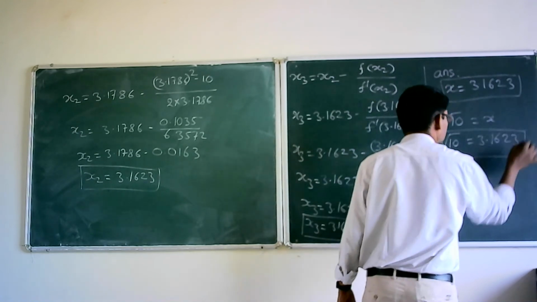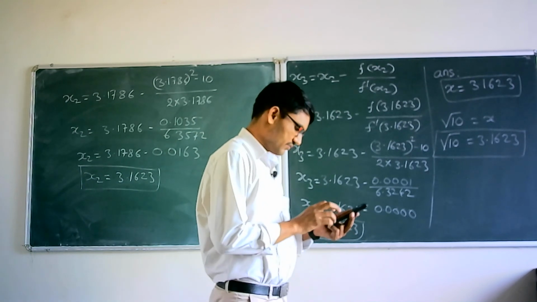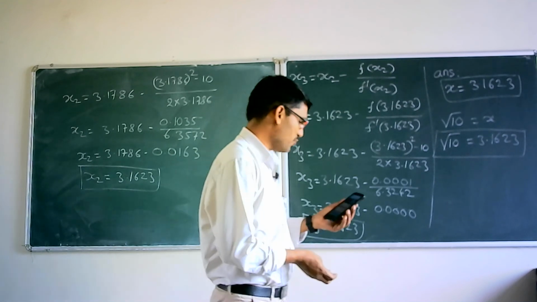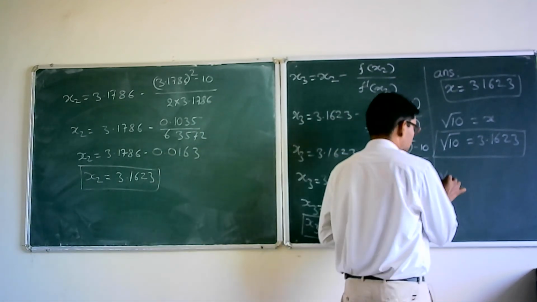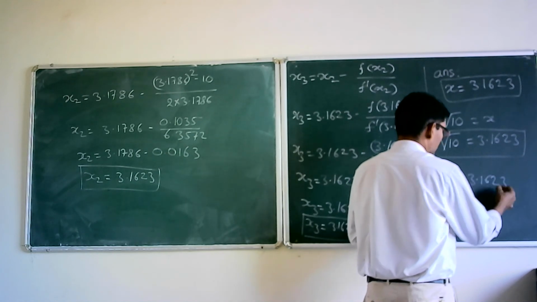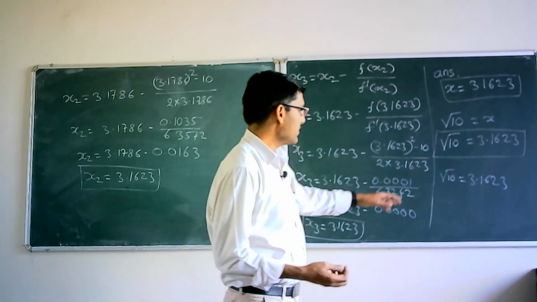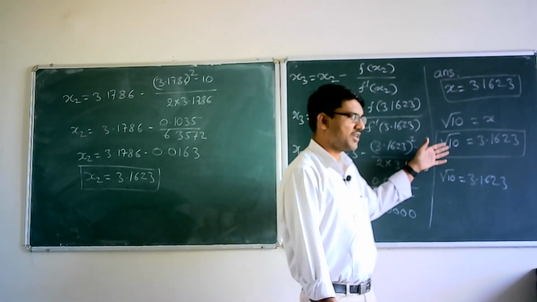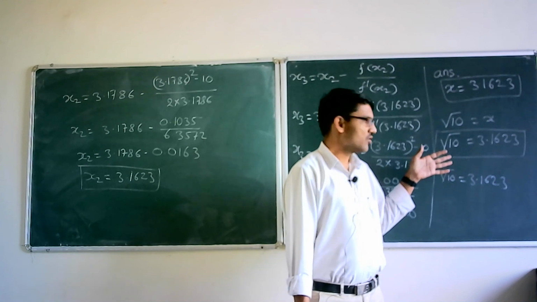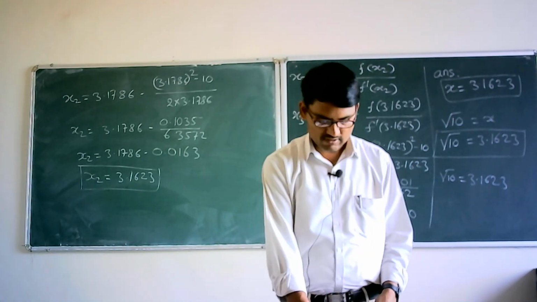If you use your calculator, you will get 3.1623, which is also correct up to 4 decimal places. So you can compare here that if you apply the Newton-Raphson method and you calculate using a calculator, in both methods you will get the root correct up to 3 or 4 decimal places.